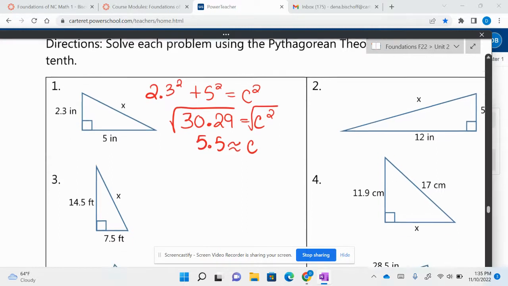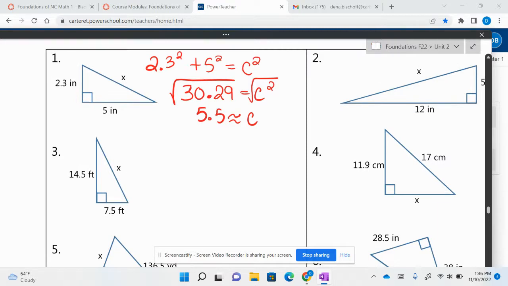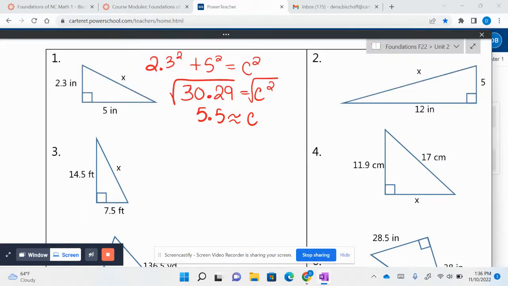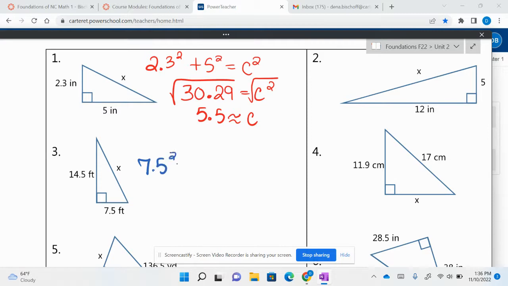Okay, you guys do number 3. What is 7.5 squared plus 14.5 squared?